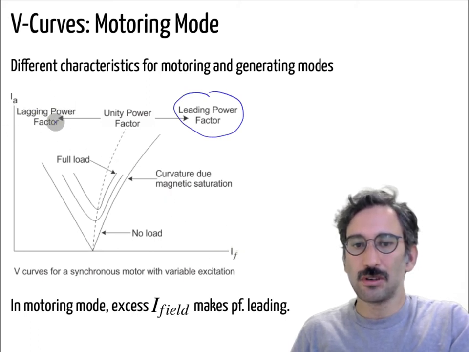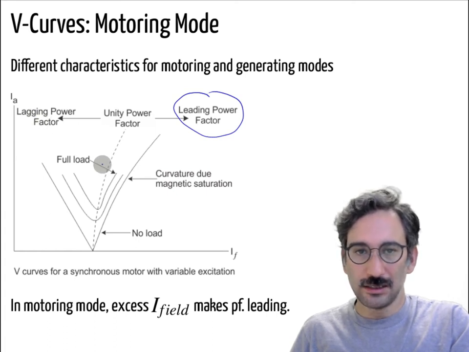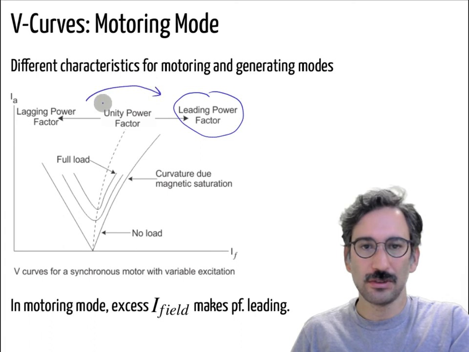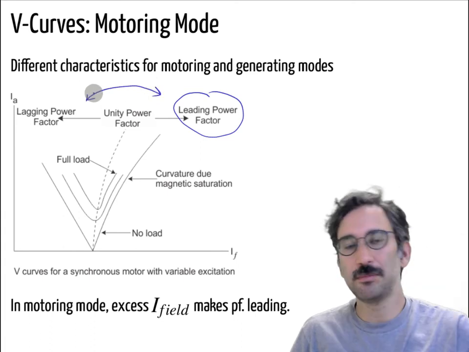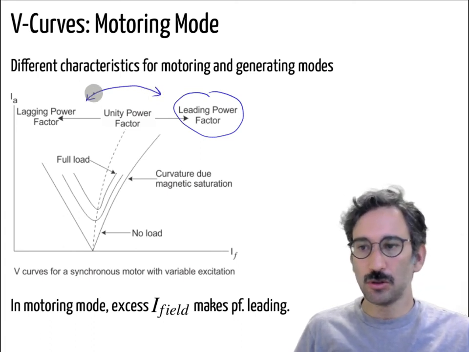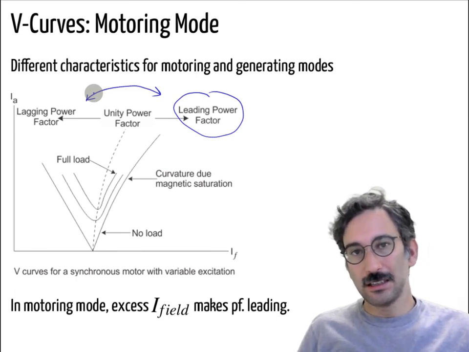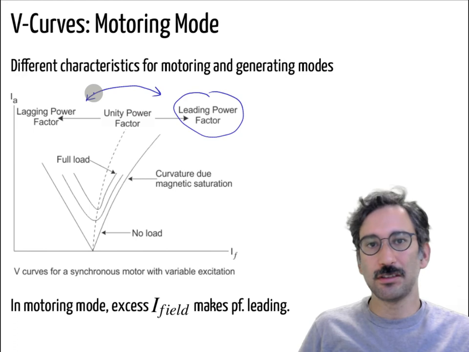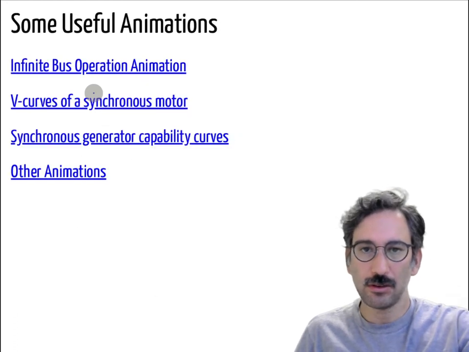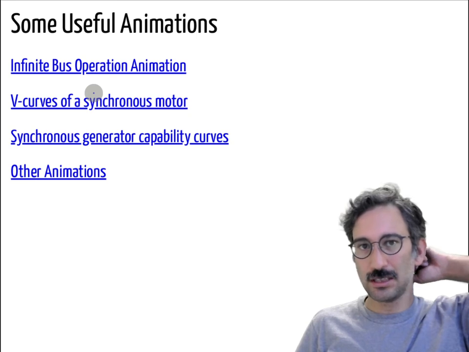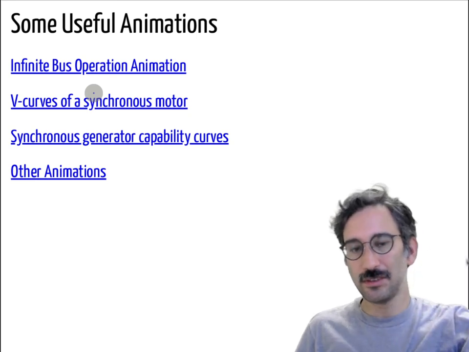If it is working at lagging power factor, that results in smaller IF current. So those regions are swapped between motor and generator. In motoring mode, large field current makes the power factor leading. Again, there are a couple of useful animations that you can try yourself to see different conditions.